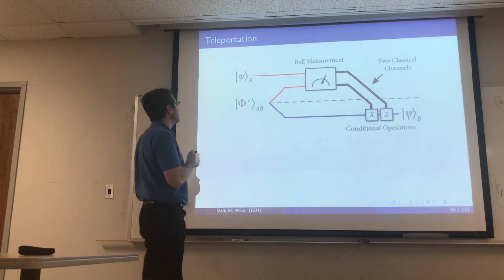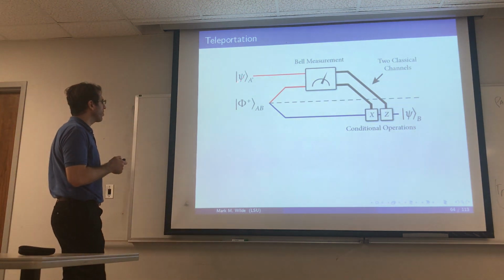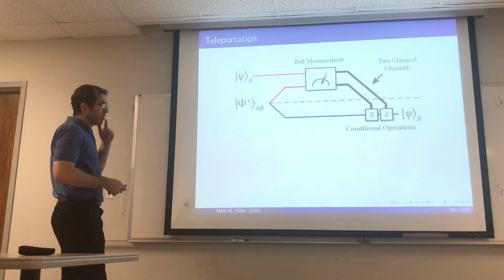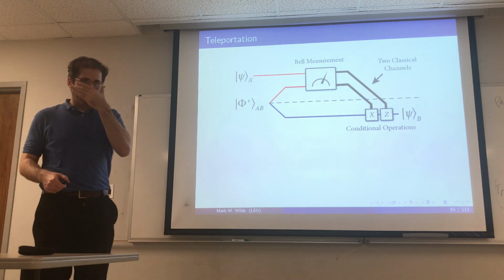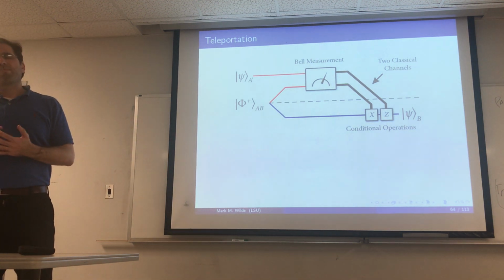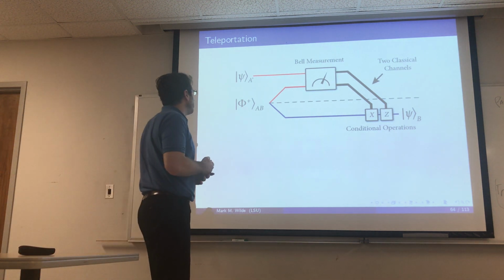Let me show you the diagram first, and then we'll go back to the math. So teleportation looks like this. What is the goal? You want to send a qubit to Bob. Previously we said, oh, just use an ideal qubit channel, right? That might be hard. It's hard to make ideal qubit channels, right? So what could you do instead?